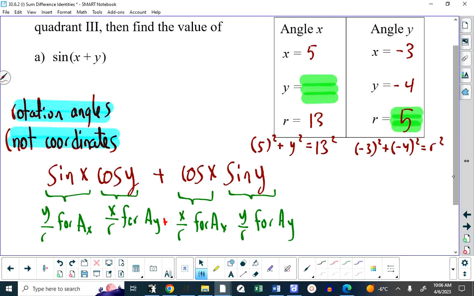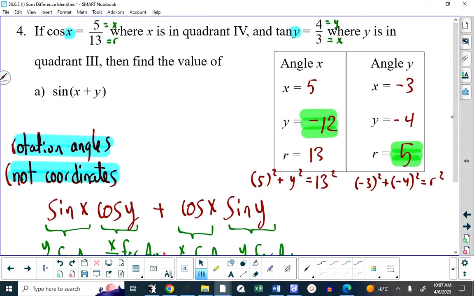When you do your work here and take 13 squared minus 5 squared, you get 144, and you take the square root of it, but it will be plus or minus the square root. And the question says angle x is in quadrant 4, and in quadrant 4, y is negative.